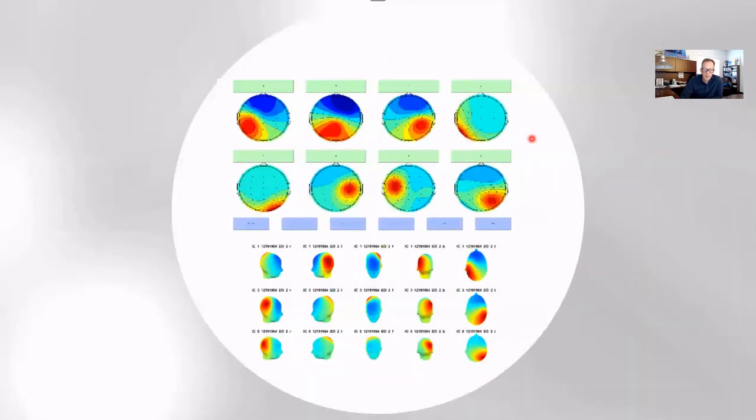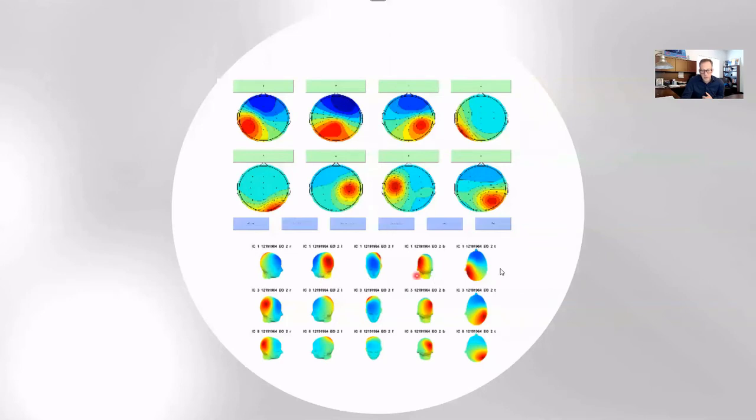From there, we get our source activations and our component properties. Up top, you now see a two-dimensional map of each component and its activity. Typically, the way this works is red is a positive direction, blue is negative in the EEG. So you can see where the activity is coming from.